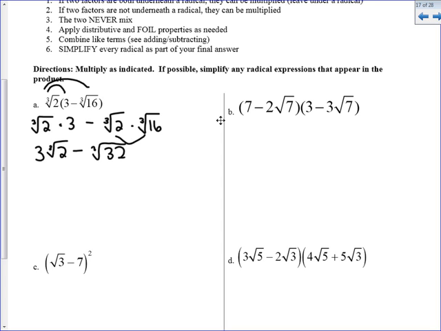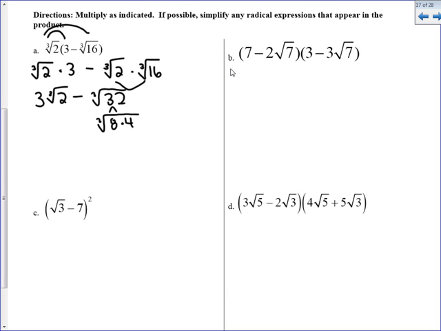Which one? The cube root of 32. So which of my perfect cubes divides into 32 evenly? 8. So the second one I can simplify. It's got a product where half of it's one of my perfects. So I'm going to break that cube root of 32 up into the cube root of 8 times 4. And then what gets out front?